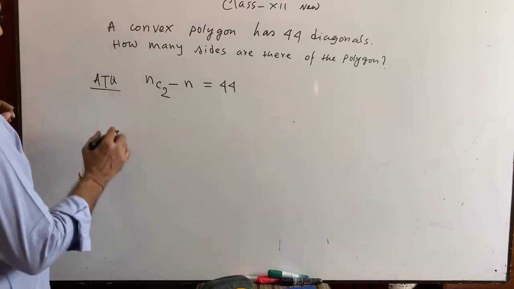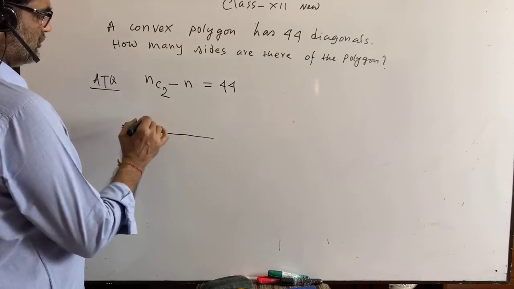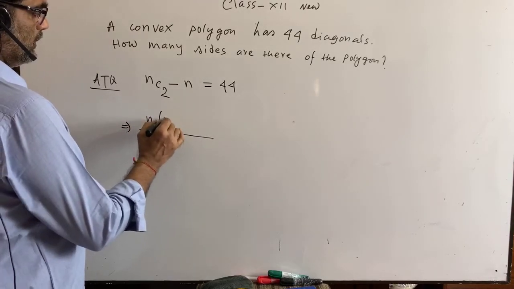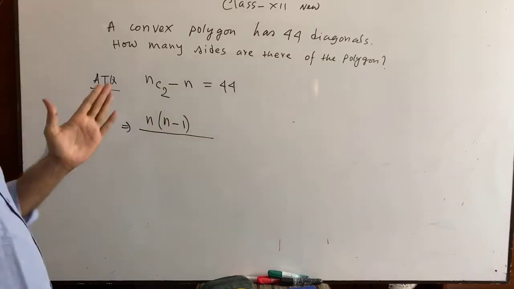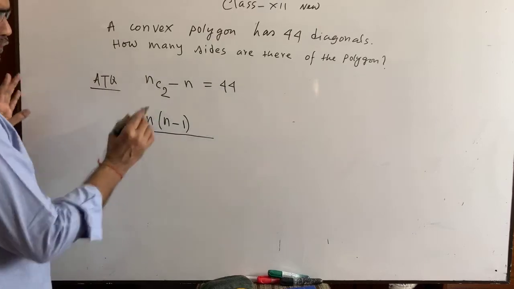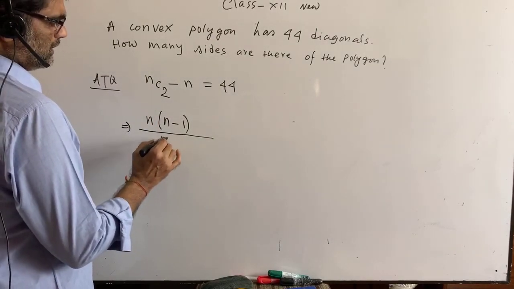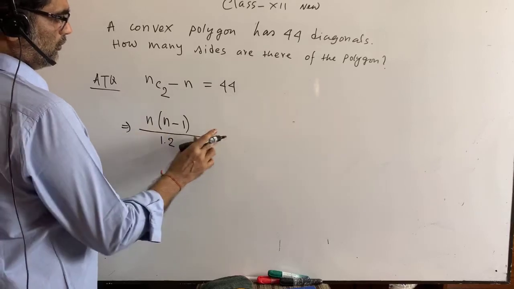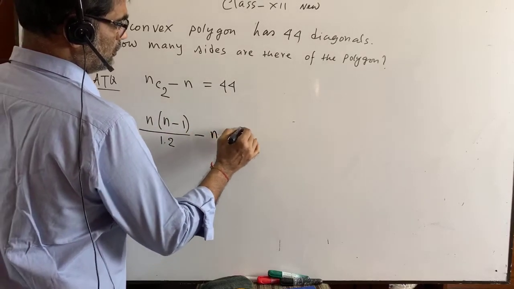So what is nC2? nC2 means n into n minus 1 by 2 factorial. 2 factorial means 1 into 2. So minus n is equal to 44.